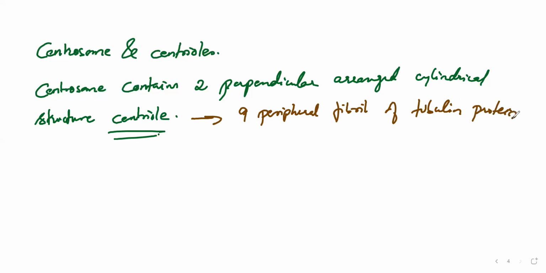So centrioles are made up of what? 9 peripheral fibrils, which are made up of what? Tubulin protein. Plus it has one central proteinaceous core, which is called the hub.